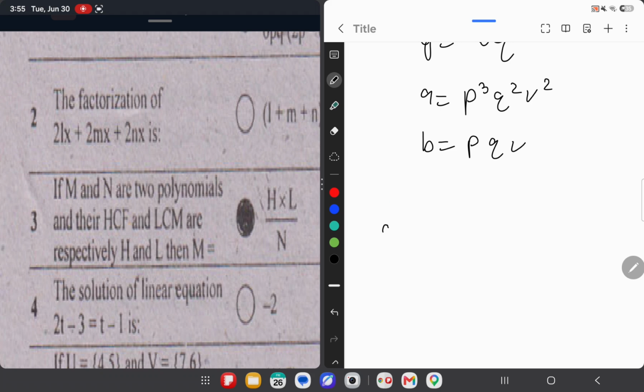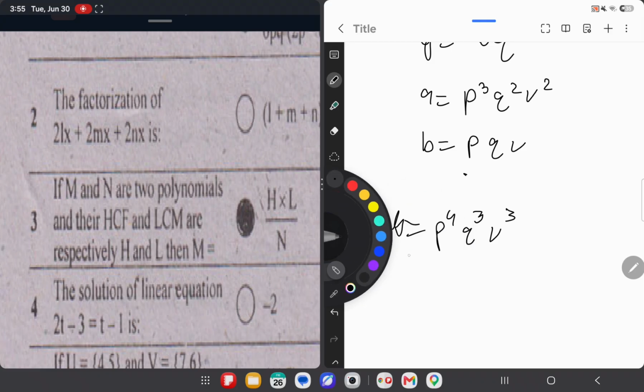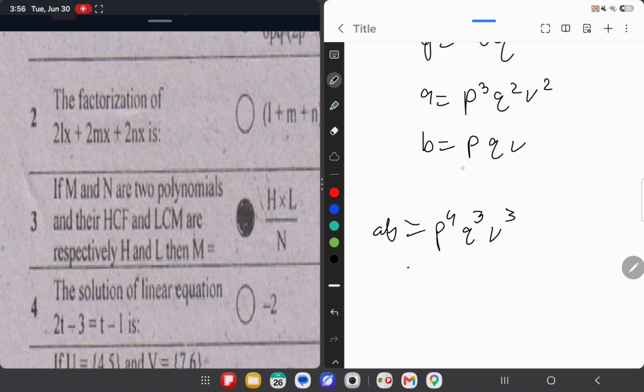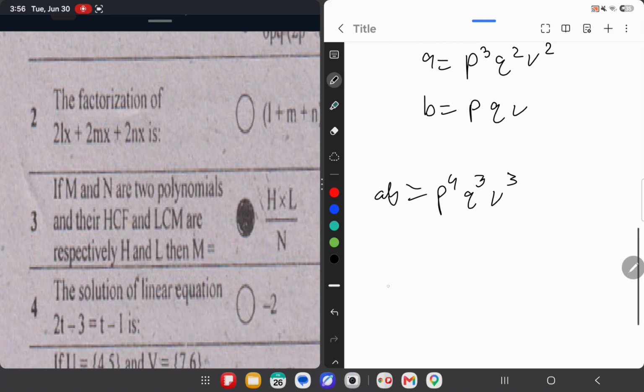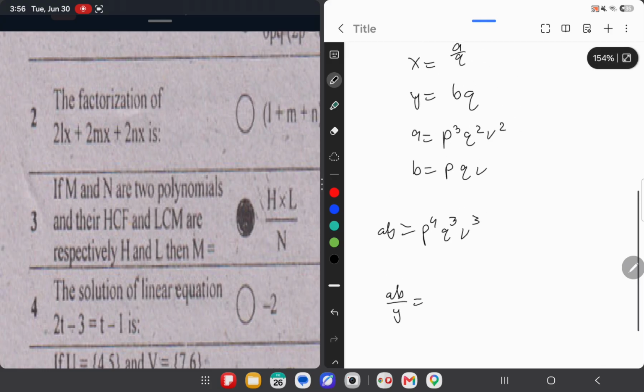If we multiply a and b, we get p to the 4th, q squared, q cubed and r cubed. Right. If we have ab, this is ab, right? And ab over y, let's see. What is y again? It is pq squared r. What is a again?